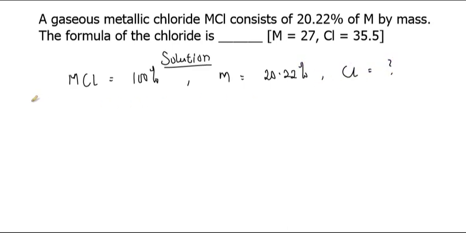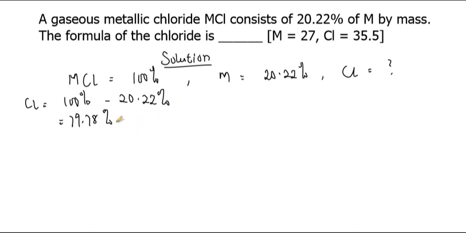So to get Cl now, that is the composition of Cl, we say 100% minus 20.22%, which is equivalent to 79.78%. So this is the percentage by mass.